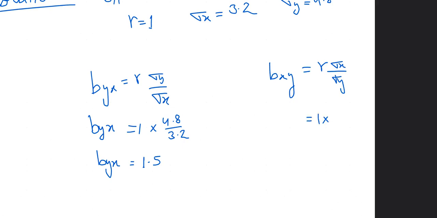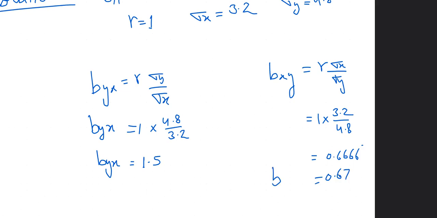And now let us find the regression coefficient of x on y. It is r into sigma x over sigma y, which is 3.2 divided by 4.8.